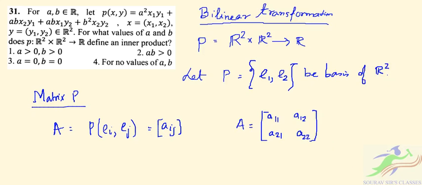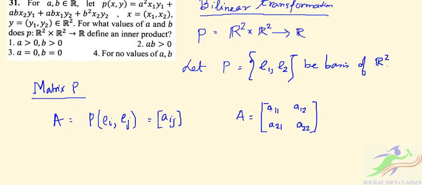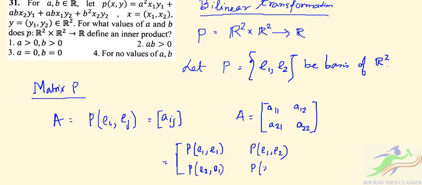If we put the corresponding elements of the matrix in the representation of P, we can write it as P(E1, E1), P(E1, E2), P(E2, E1), and P(E2, E2).